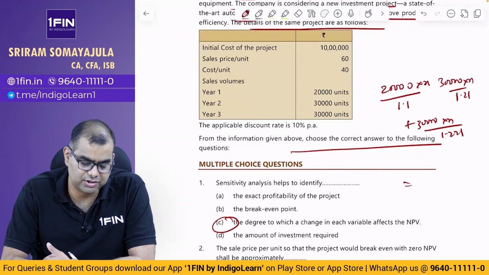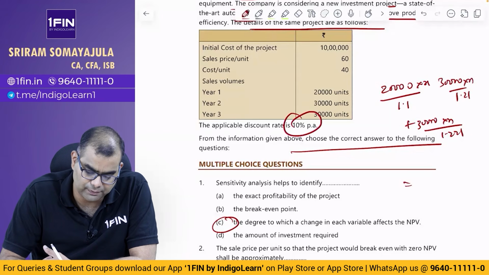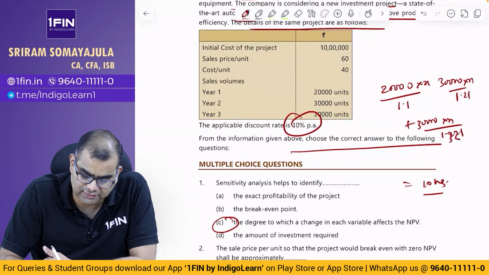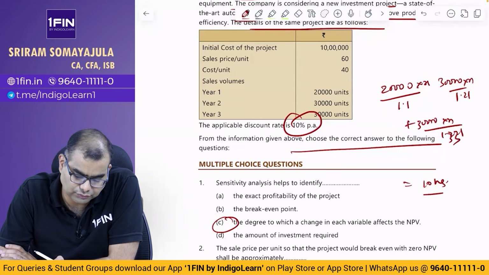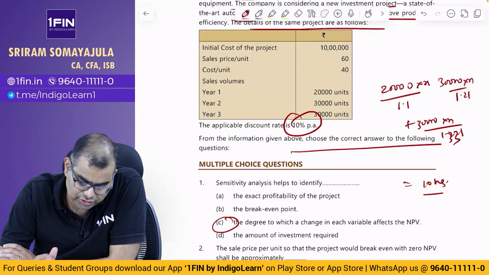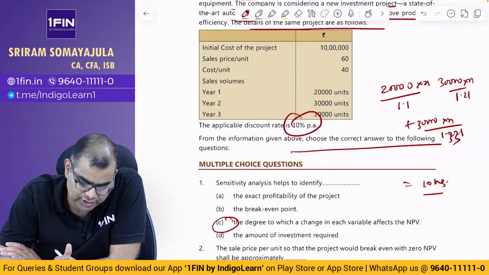How are you getting 1.1? Because the discount rate is 10%, and this equals 10 lakhs. It's not 1.221, it's 1.331. I shouldn't make that mistake. So you are discounting each of them and you are going to get 10 lakhs.